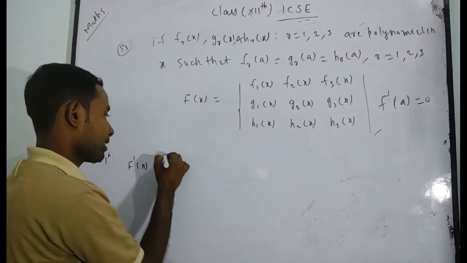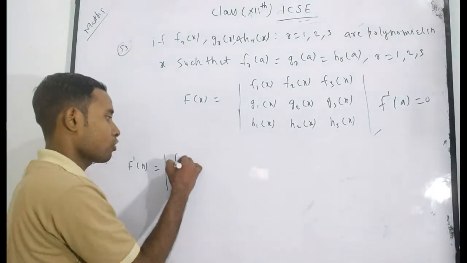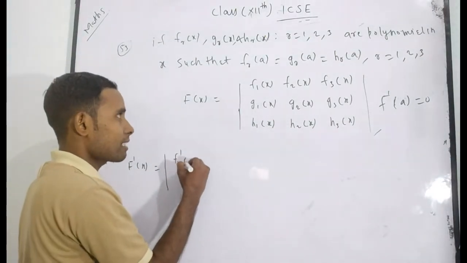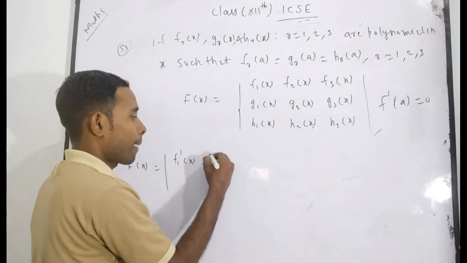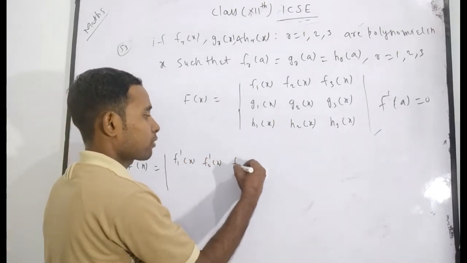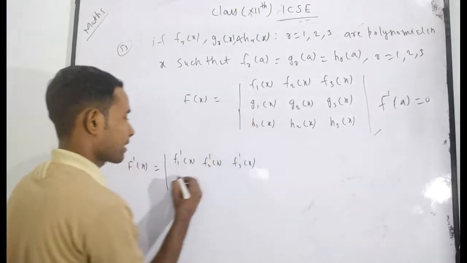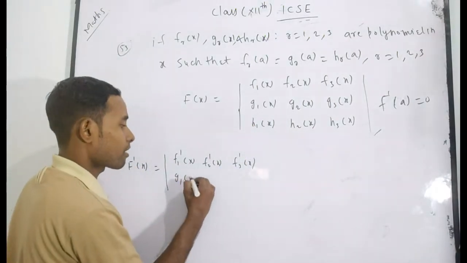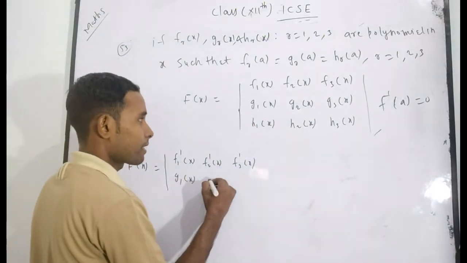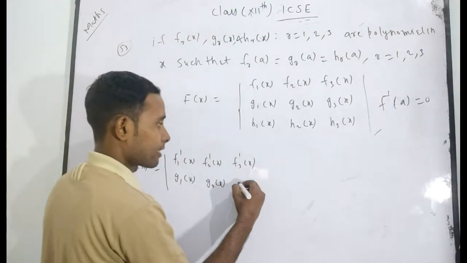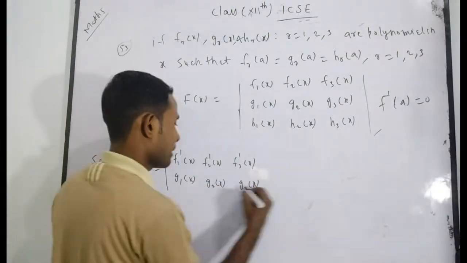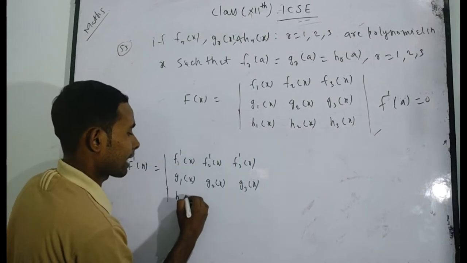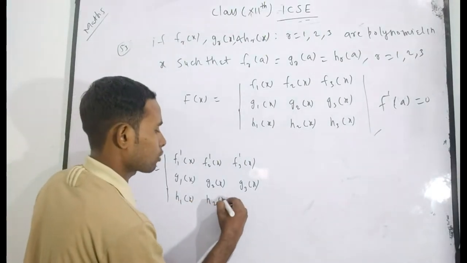According to the property, firstly differentiate the first row, and you will get f1 dash x, f2 dash x, f3 dash x. In the second row and third row, the functions are written the same as in your question. So there will be g1, g2, g3x, and there will be h1, h2x, h3x.